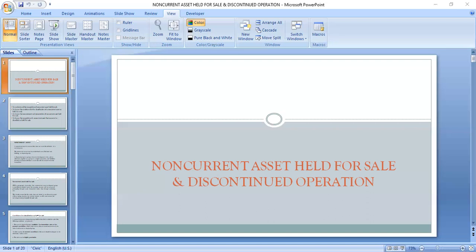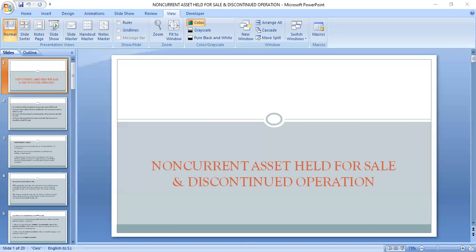Now we have the change in the method of disposal, to clarify the accounting treatment when an entity reclassifies an asset or disposal group from held for sale to held for distribution to owners without any time lag. The change in classification is considered a continuation of the original plan of disposal, and the entity shall continue to apply the held for sale or held for distribution accounting.